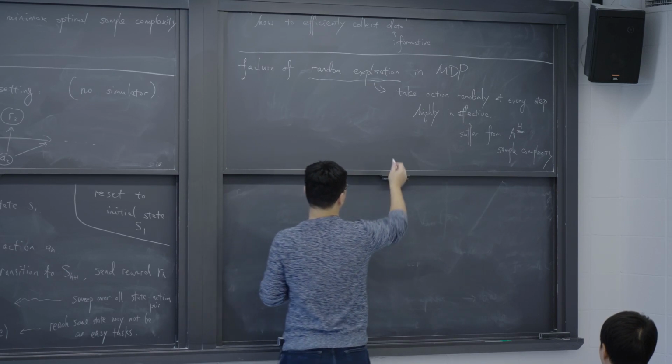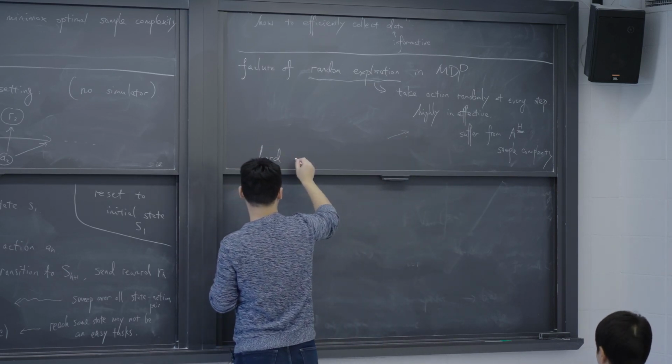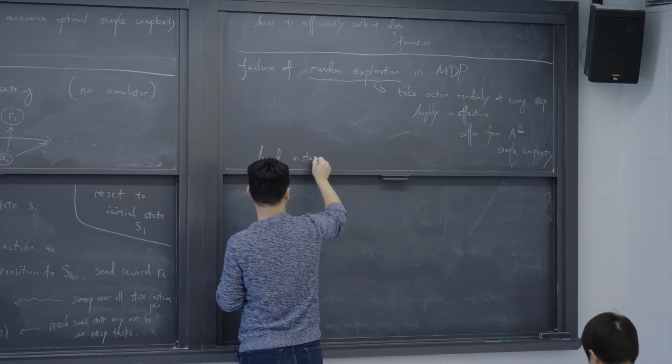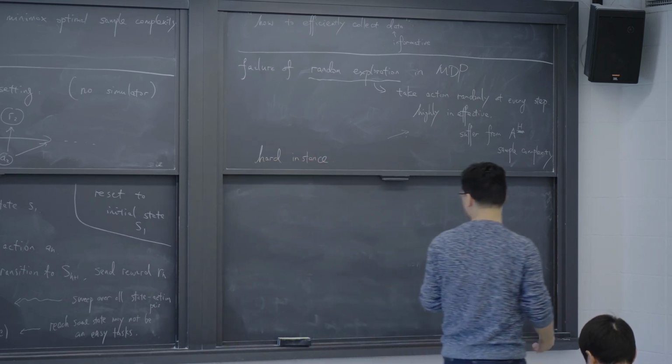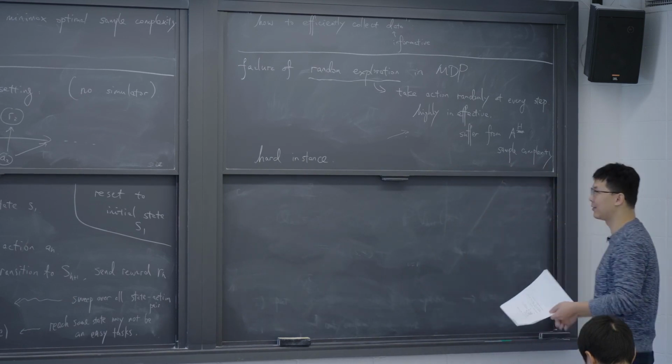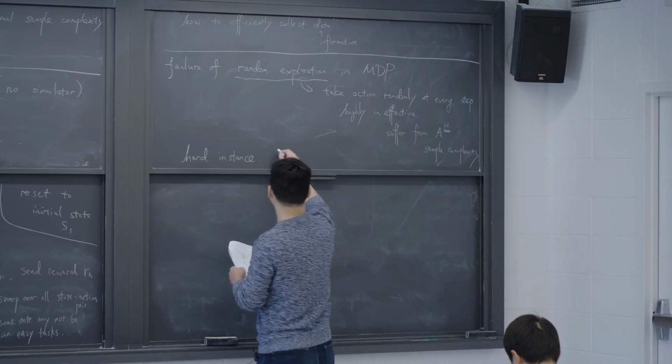Okay, so to show this, we construct a hard instance. This hard instance is actually pretty famous in our literature, and a lot of later hard instances are based on it. It's called the combinatorial lock.